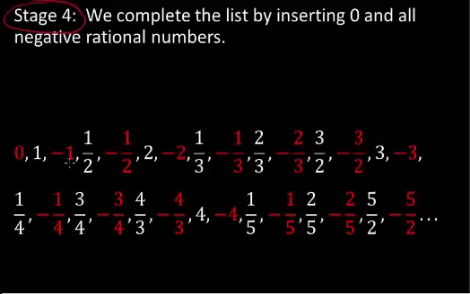So after each number I inserted its additive inverse. I inserted its negative. After 1/2, minus 1/2. After 2, minus 2. And this is the list of all of the rational numbers Q. That is all of it. So we have shown that we can make a list of all of the rational numbers.